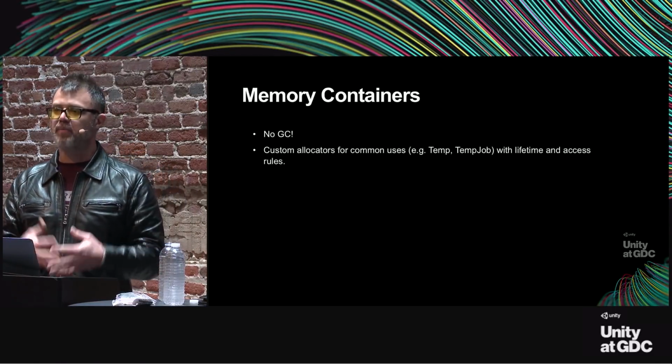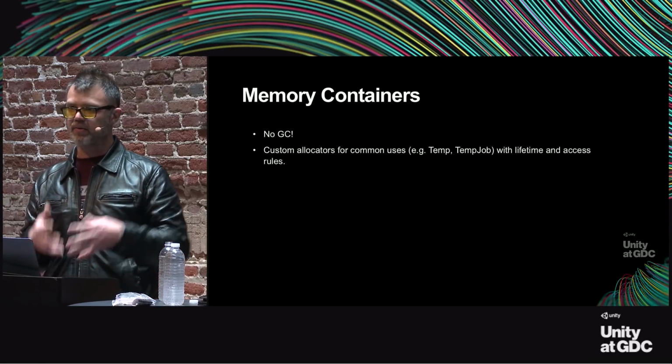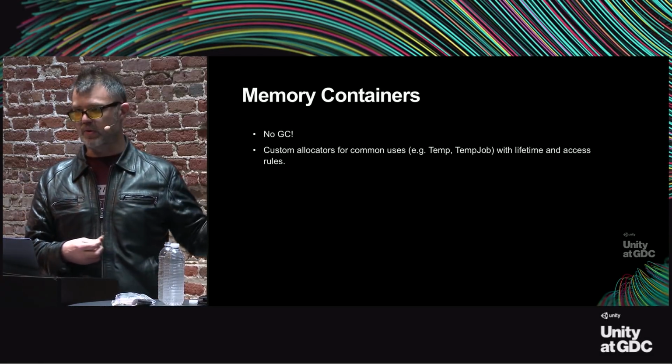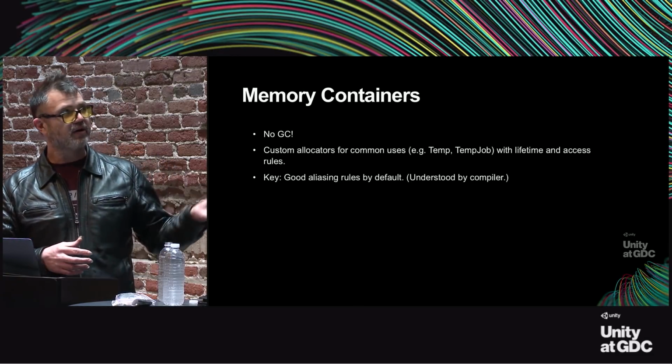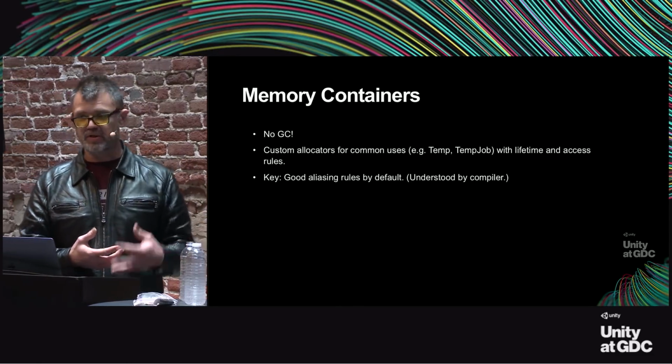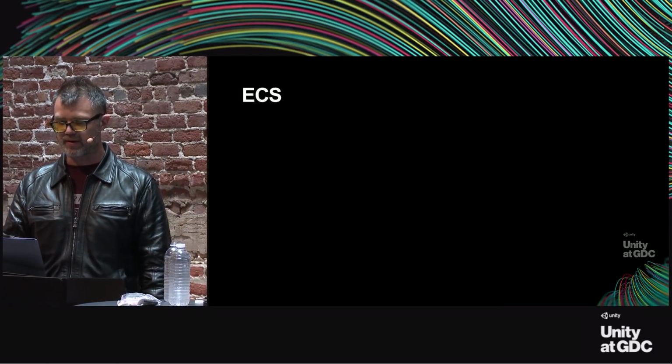How we expand upon that for other common use cases that we anticipate is still TBD, but we understand the value and importance of this space. The key here, as I said, is that this provides us with good aliasing rules by default. This is understood by our compiler.